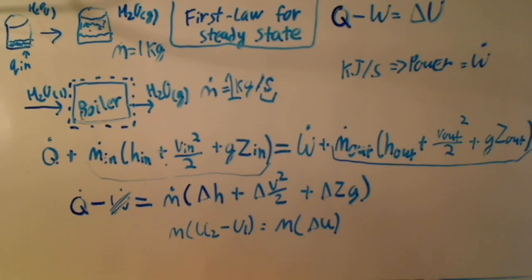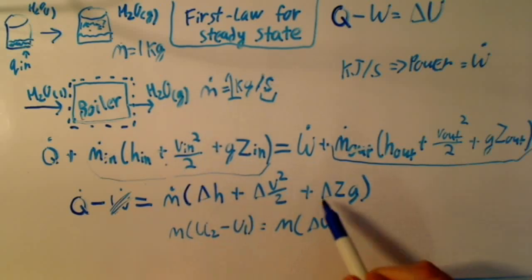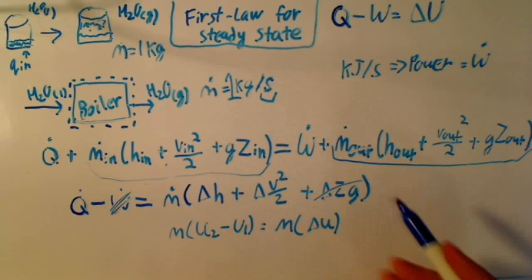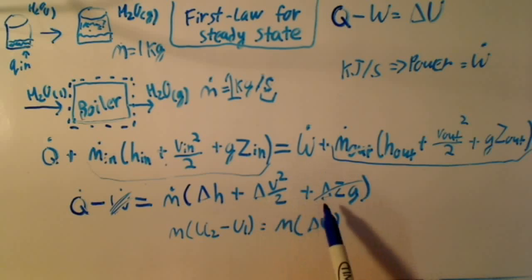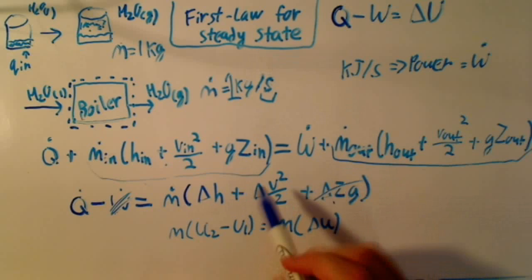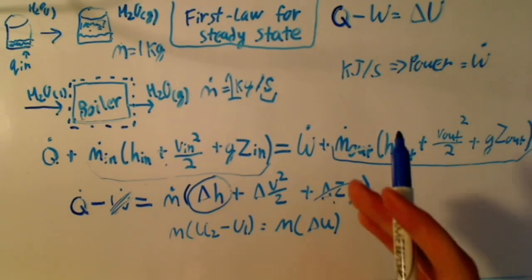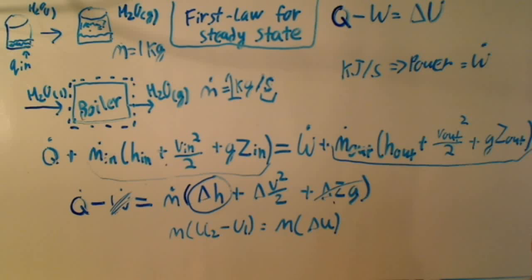And the height, let's just say they came in at the same height or roughly the same height, we don't have to worry about this. And when you do a few of the problems out, you'll see that the changes in kinetic and potential energy are really minuscule compared to the change in enthalpy and heat energy, because that is by far the biggest amount of energy that changes.